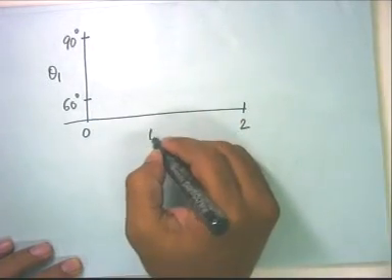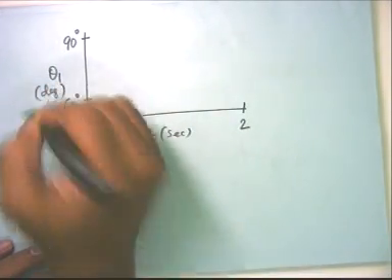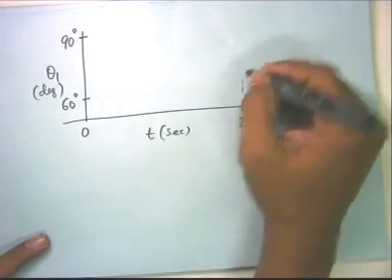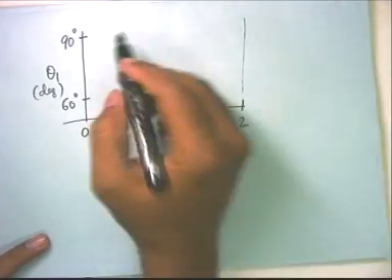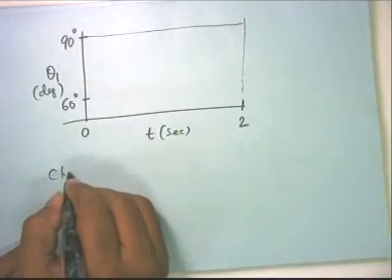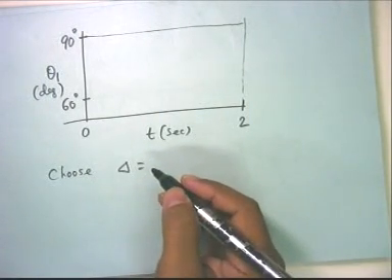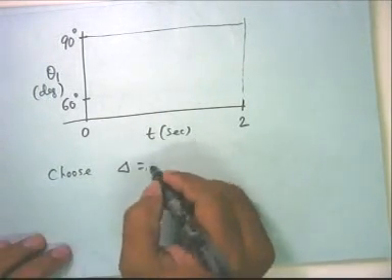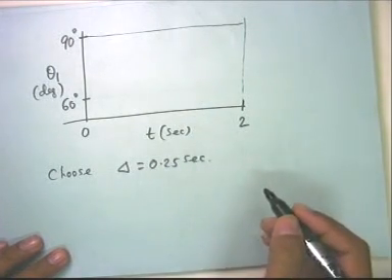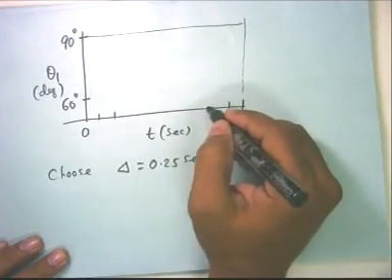Okay, this is time in seconds, and this is degree. So first I choose delta. Choose delta is equal to 0.25 second. Okay, so delta here, delta here, delta here, delta here.